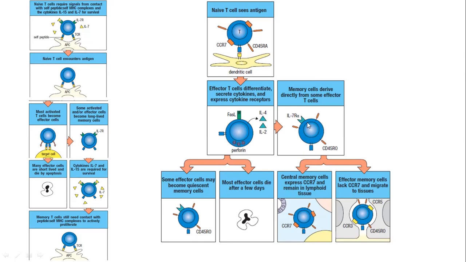And as I mentioned, the memory T cell then differentiates into two classes. We've got the central memory cells, which usually express the chemokine receptor 7 and remain in the lymphoid tissue, and then the effector memory T cells. So the central memory T cells, once reinfection occurs, are also able to redifferentiate to provide support to the effector memory cells.